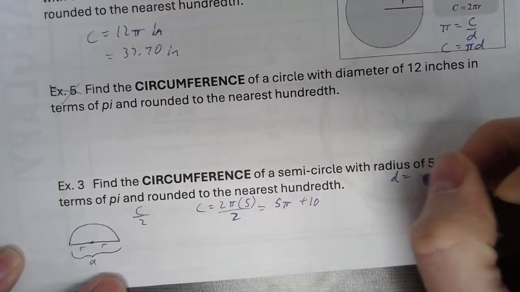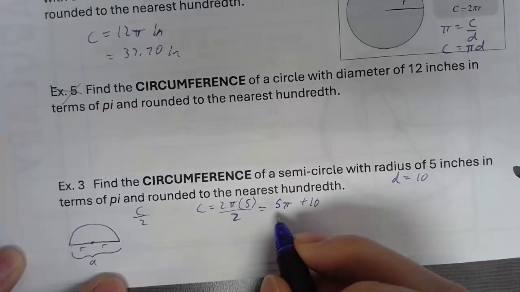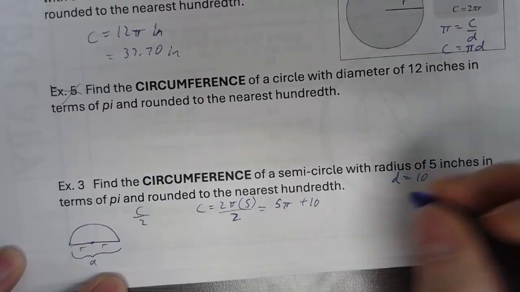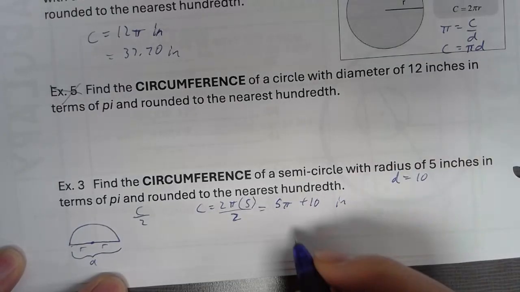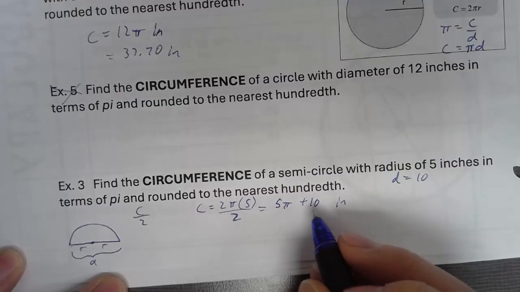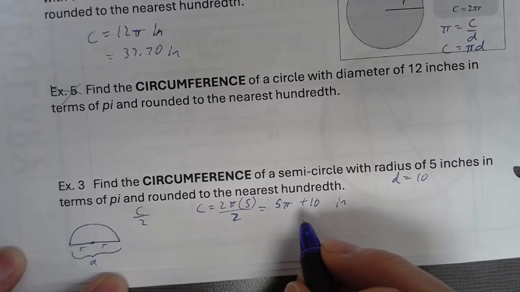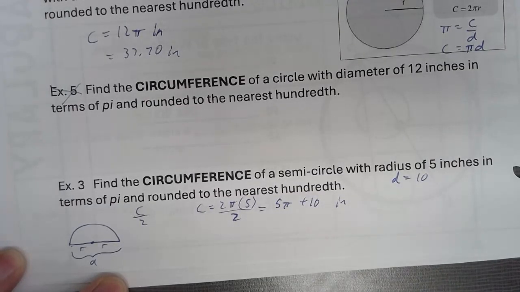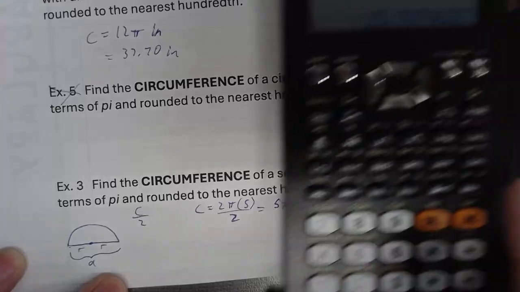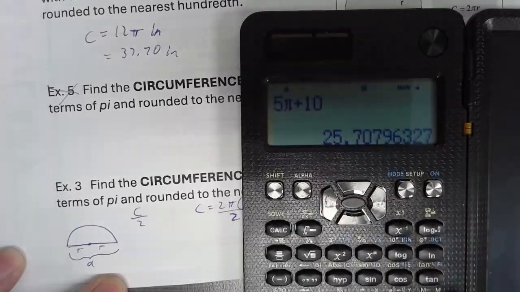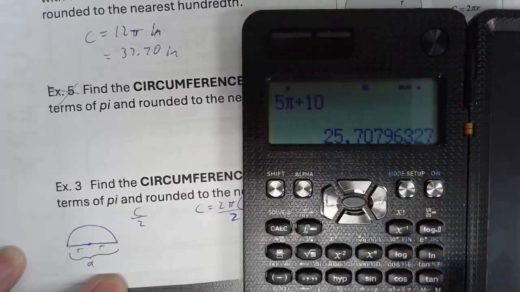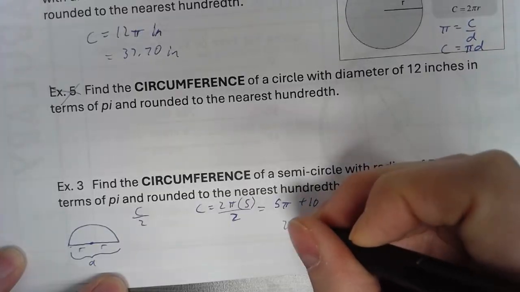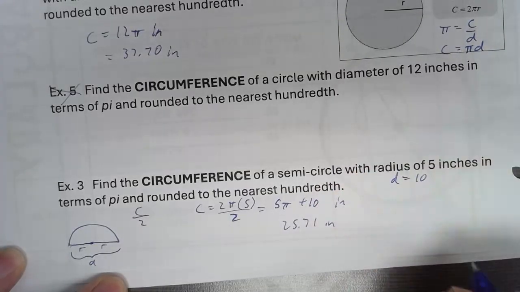The diameter is 10. So 5 pi plus 10 inches is leaving it in terms of pi. Then we can add those together in our calculator. 5 pi plus 10, and get our 25.71 inches.